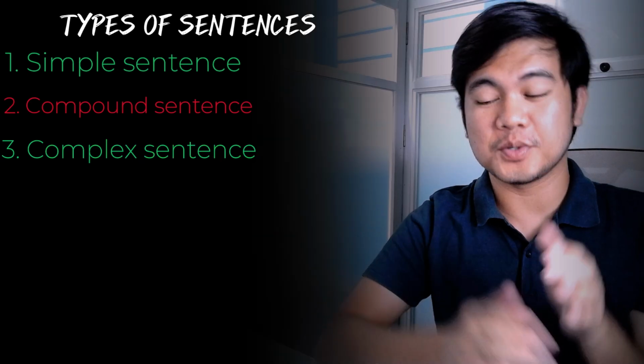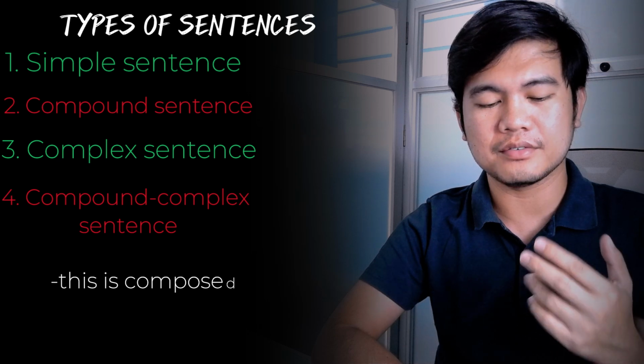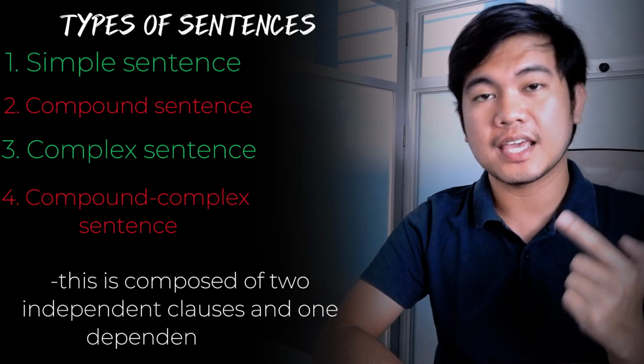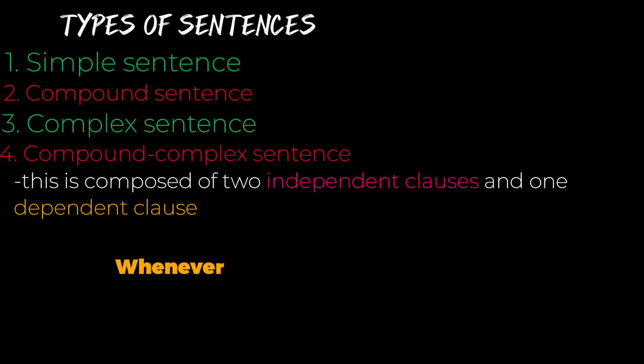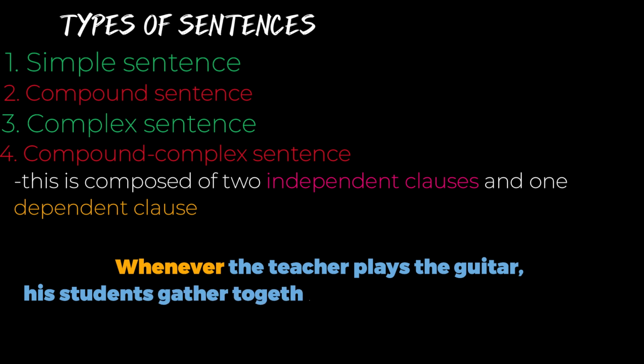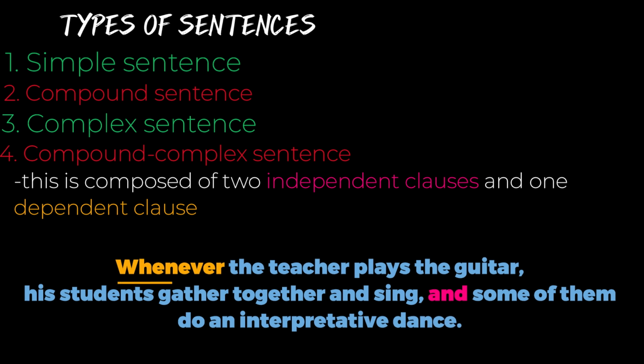Now let's move on to compound complex sentence. Well, this is composed of two independent clauses and one dependent clause. For example, whenever the teacher plays the guitar, his students gather together and sing, and some of them do an interpretative dance. So, whenever the teacher plays the guitar is a dependent clause. We can't understand that alone.